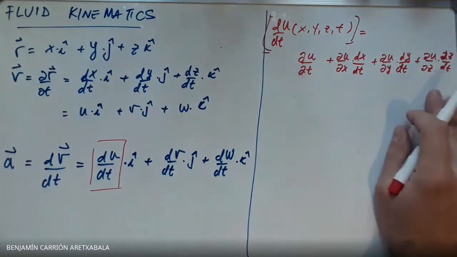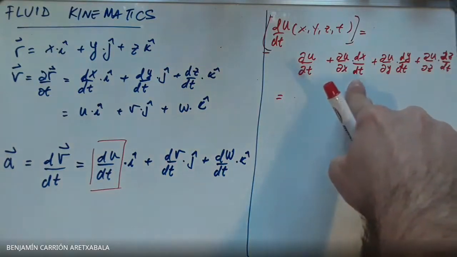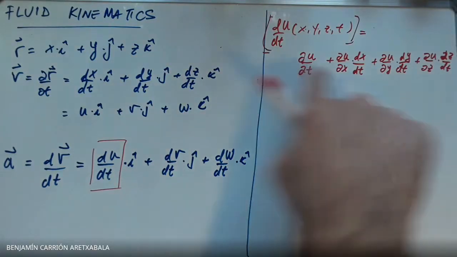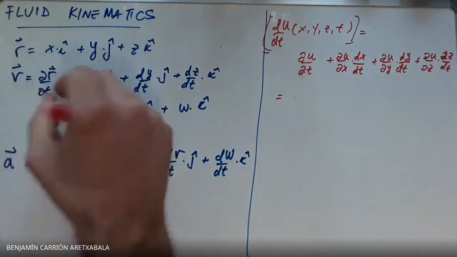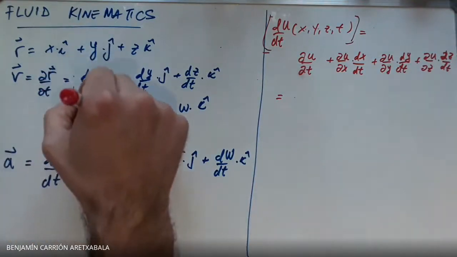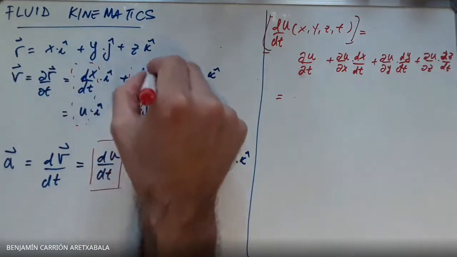Now, by definition, the derivative of x with respect to time is u. And the derivative of y with respect to time is v. It's actually the velocity of the flow.